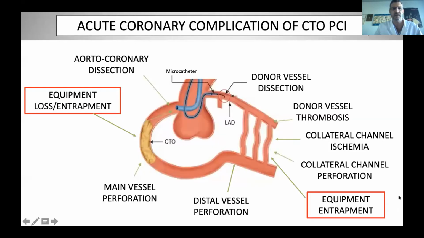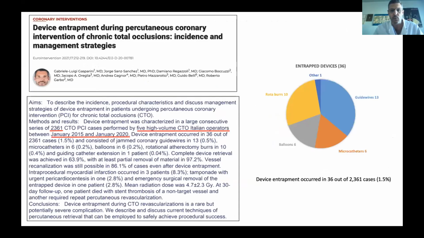Sorry for that. Regarding equipment loss and entrapment, this kind of complication can occur even if you go antegradely or retrogradely. We recently published our experience, collecting data from more than 2,000 procedures by 5 high-volume Italian centers.